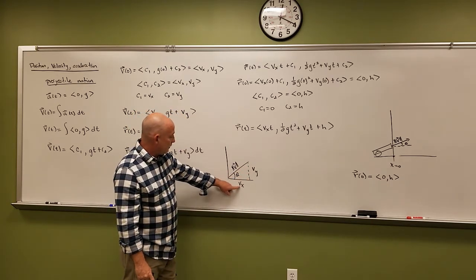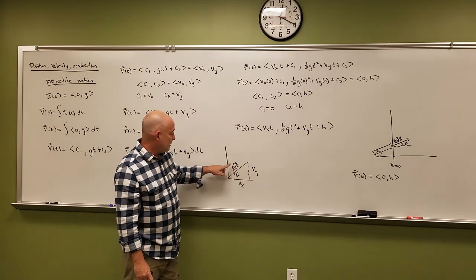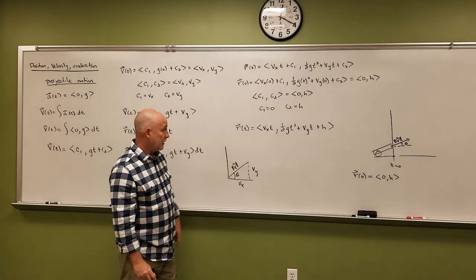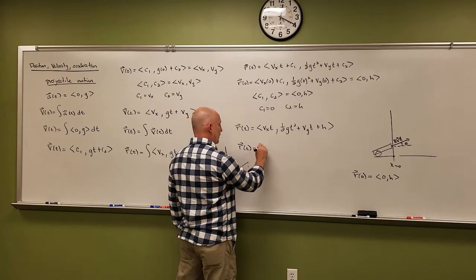Hopefully we've seen this problem enough to understand it. v sub x is going to be what? The magnitude times the cosine of the angle, and v sub y is going to be the magnitude times the sine of the angle. So the formula that you see most of the time is a little bit more complicated.